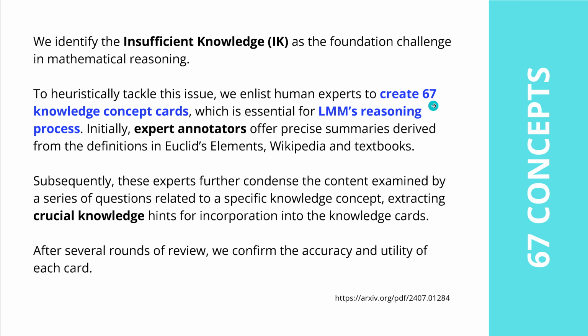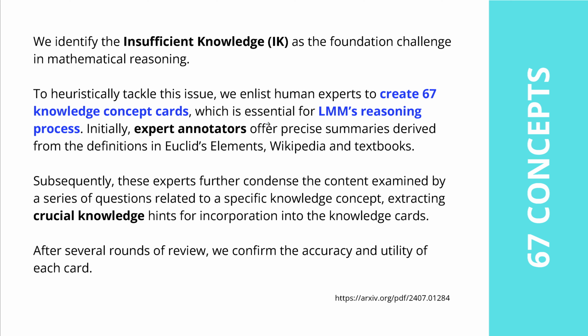They created now 67 knowledge concept cards. And on these cards is written down here the reasoning process. So if the AI systems fail, they have here the cards to check, hey, there's the solution on the card. And expert annotators, another time humans, offer here a precise summary derived from Wikipedia and textbooks and everything.